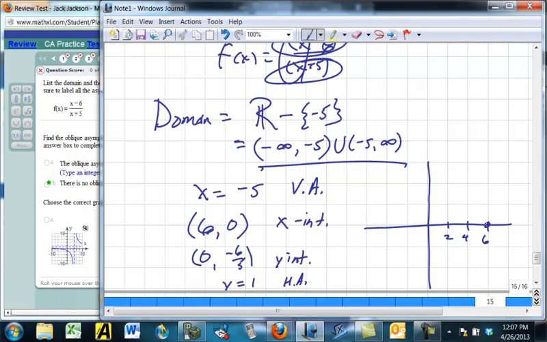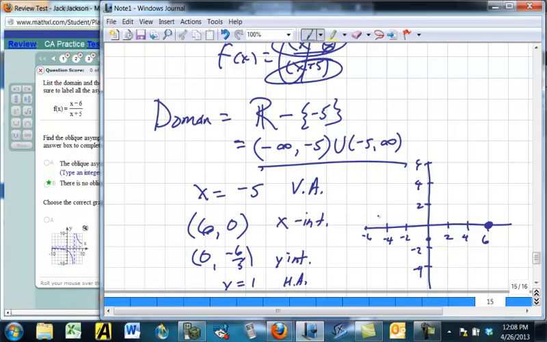At (6, 0) it should touch the axis. We should see (0, negative...) well, just a little bigger than 1, about 1.2. So there's where it touches the y-axis.